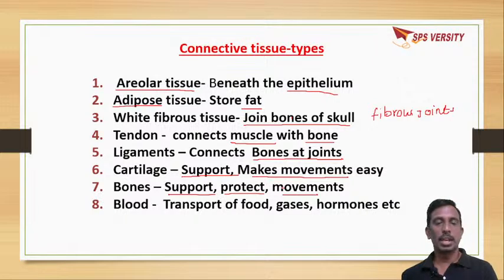Blood is a specialized connective tissue which will help in transport of food, gases, hormones. So through blood, various substances will reach each and every cell of the body, like food, gases, oxygen, carbon dioxide, hormones.